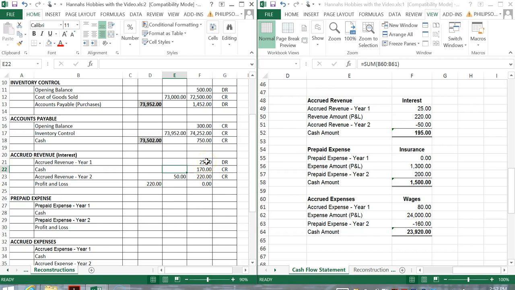And because we're swinging from debit to credit, we need to add these two figures together. So equals 170 plus 25 gives us 195. We can come over here, check this. Yep, $195 matches up. This is the figure that we're looking for. What's in our cash line.